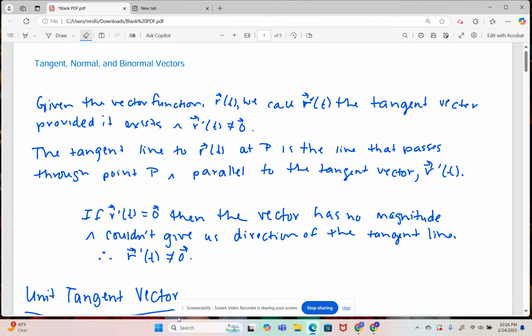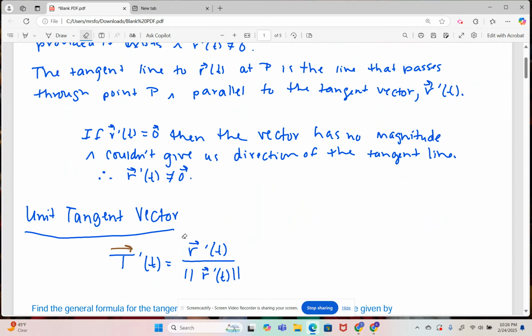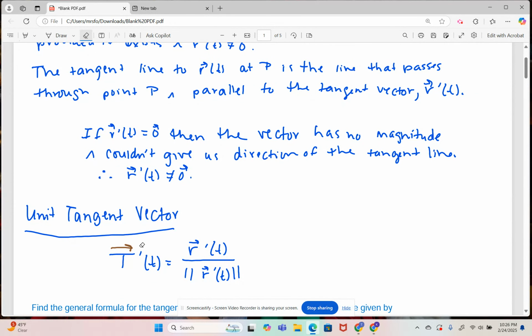Also, if it exists and the derivative doesn't equal the 0 vector, then the unit tangent vector to the curve can be given by this formula here. Originally I'd forgotten to write the little arrow over it to indicate that it's a vector, so let me do that.